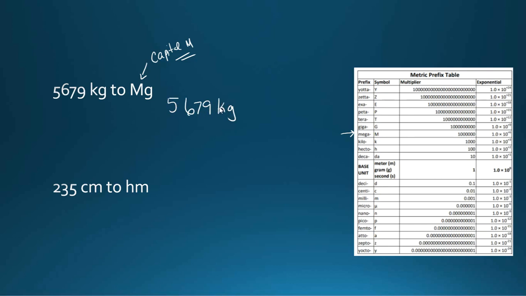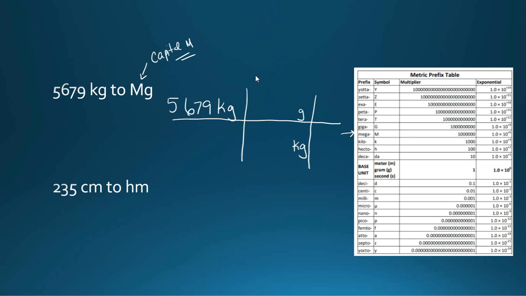So this is a two-step equation, right? We're going to first convert kilograms to grams, and then we're going to convert grams to megagrams. So let's set up our goalposts. First thing we want to do is convert our kilograms to grams. Okay. Set that up, kilograms cancel.